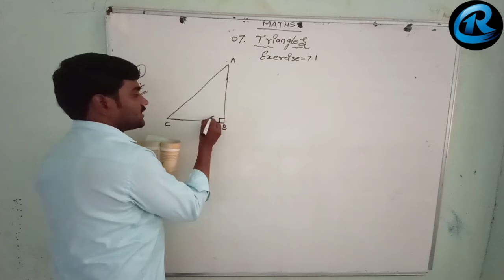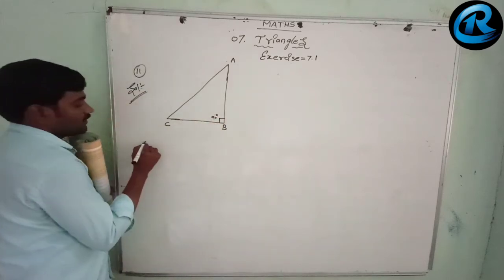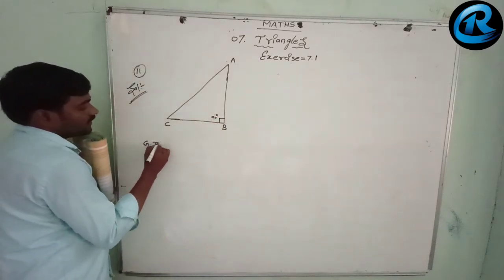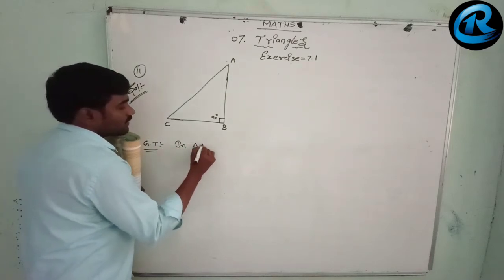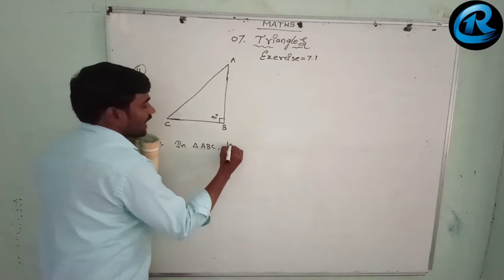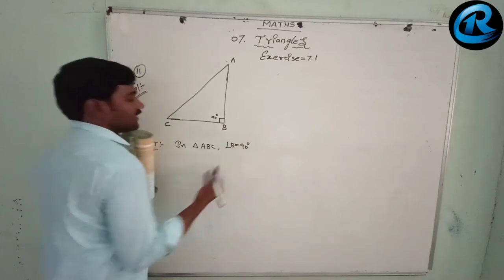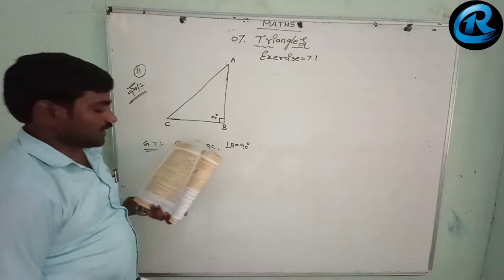The B is 90 degrees here. So here given that in triangle ABC angle B equal to 90 degrees. If it is 90 degrees, it's called right angle triangle.